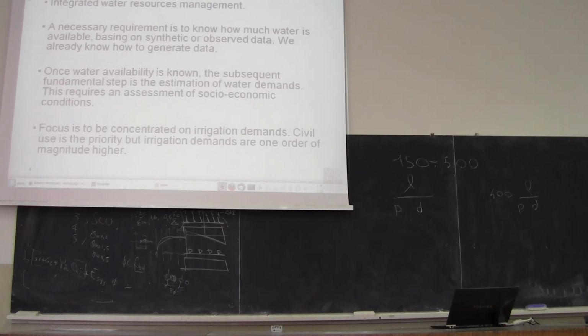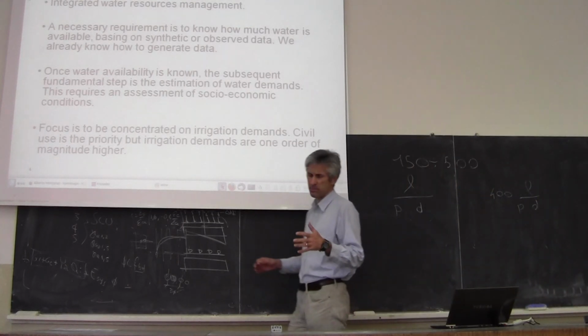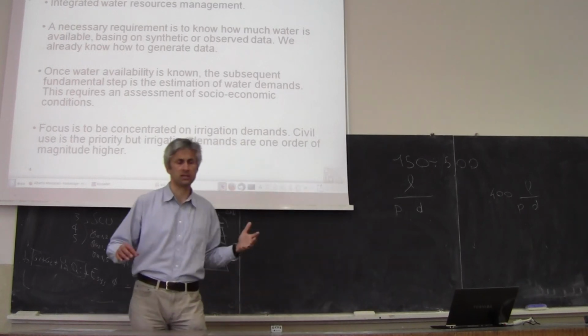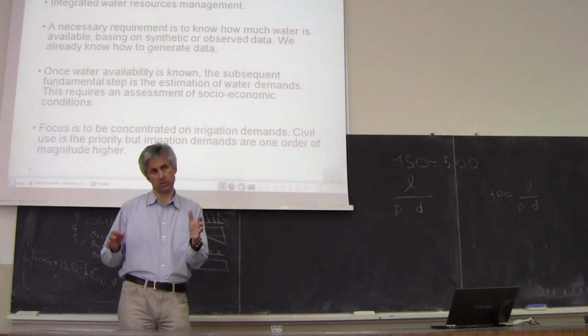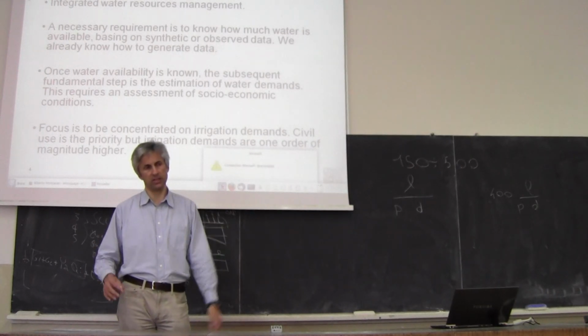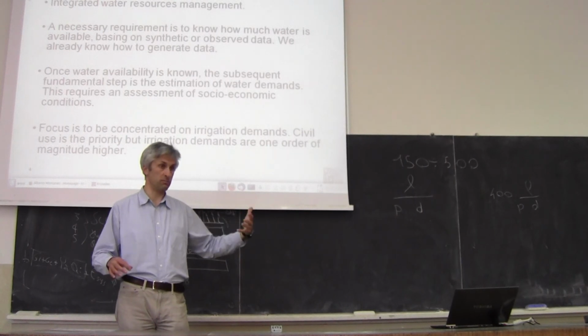So, for instance, we know that for a farm, each cow corresponds to about 10 people. So the water that is needed to raise a cow is about the water that is needed by 10 people. This is something that I am guessing. I have some recollection, but I'm not really sure if it's 10 or 15. But there are tables available even on the web to convert any activity to equivalent people.